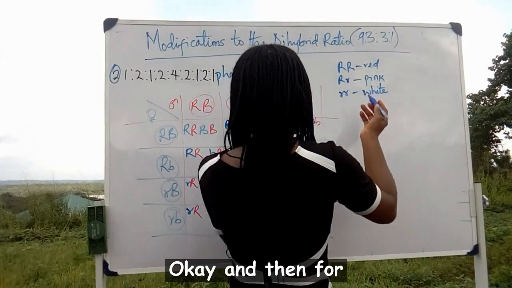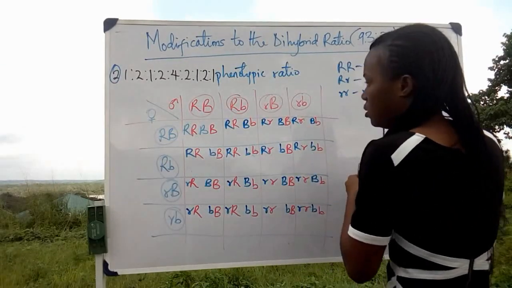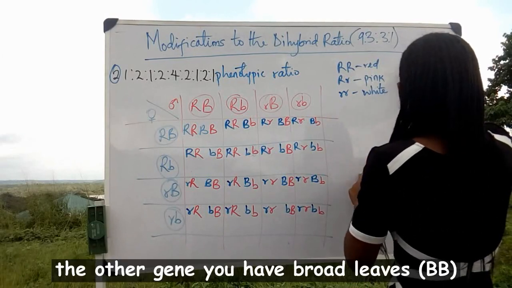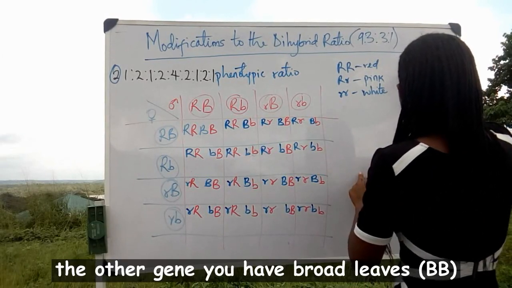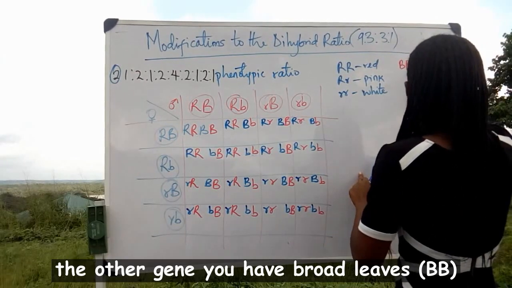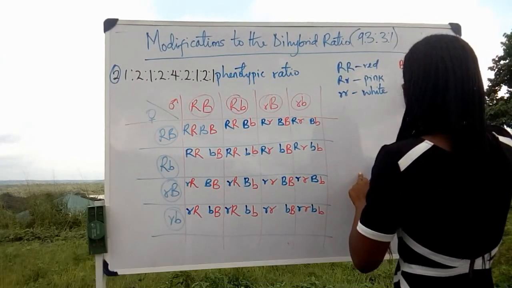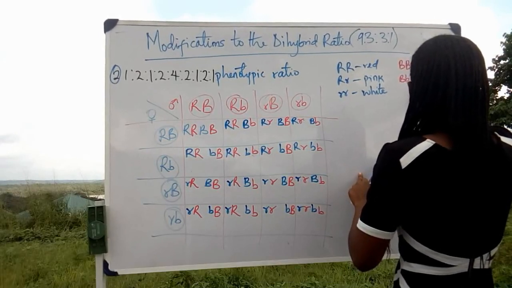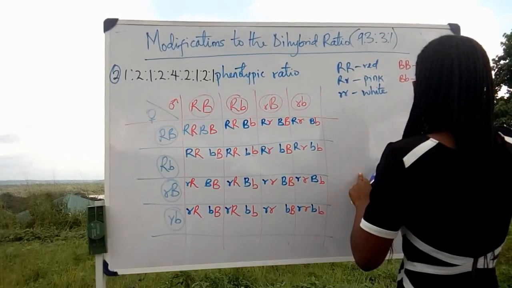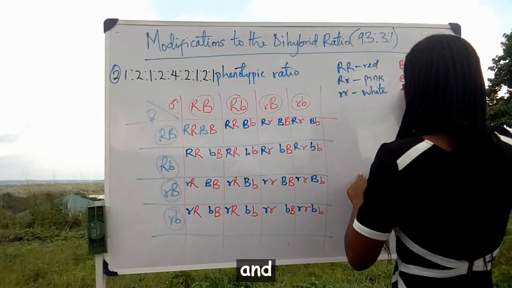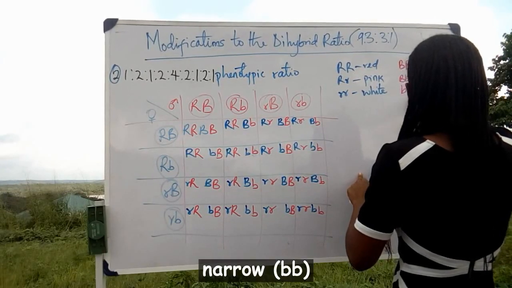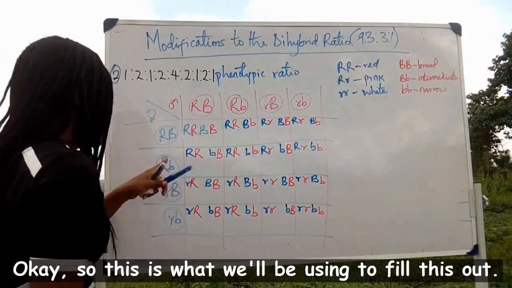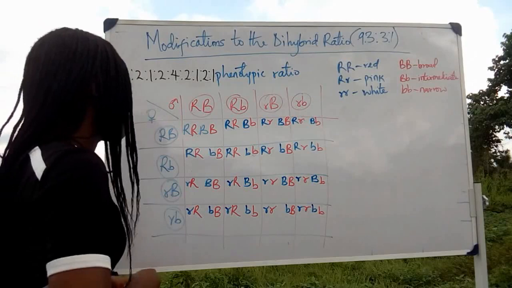For the other gene, we have broad leaves, intermediate, and narrow. So this is what we'll be using to fill this out.